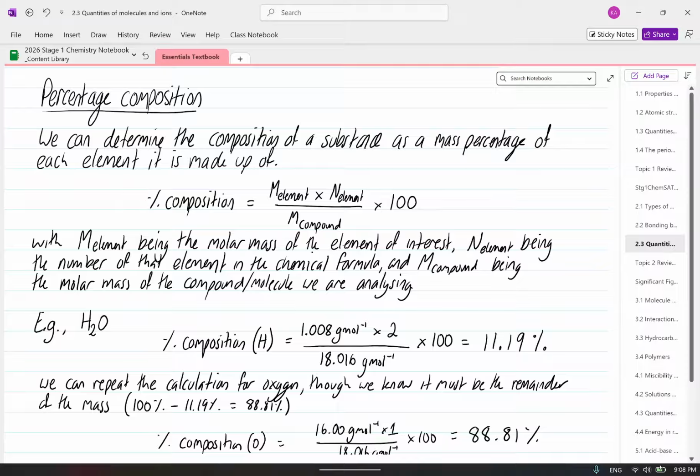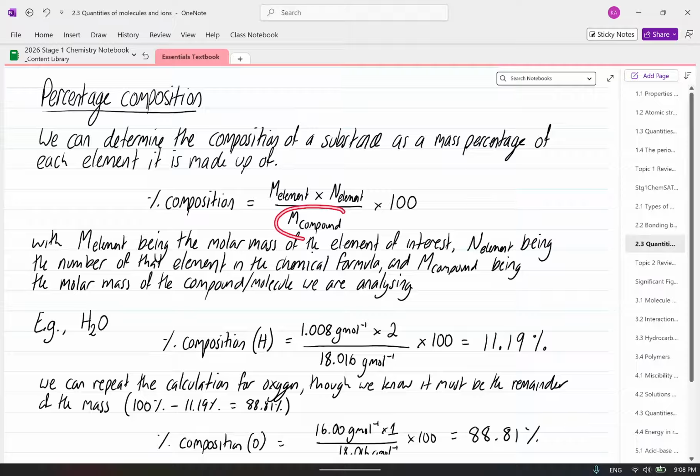The percentage composition of a particular element within a compound is the molar mass of that particular element we're interested in, times n, the number of atoms of that particular element within that same molecule. Again, we'll have a look at an example in a minute.